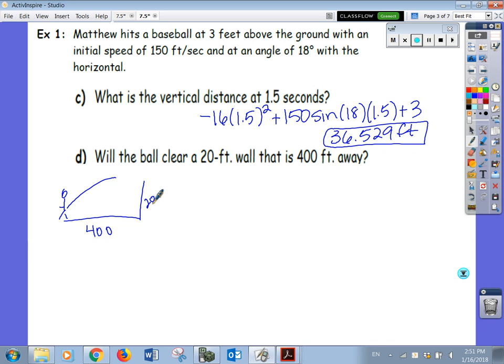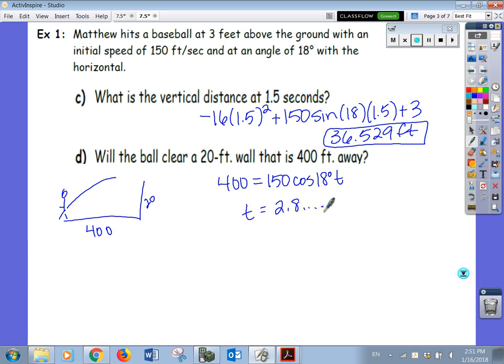So the first thing we need to do is figure out how long it took to get to the wall. So the way to find that is 400 equals 150 cosine of 18 degrees t. So we divide by 150 cosine of 18, and you get your t to be about 2.8.